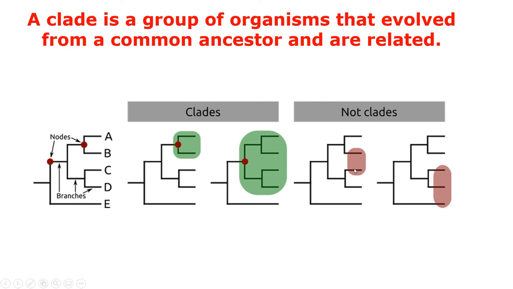But these two, this is not considered a clade because we're not including the nodes here. So the clade is the common ancestor plus all of the descendants. So yes, we got some descendants, and yes, there is a shared common ancestor here, but not all of the descendants were included, so therefore it is not a clade. So a clade is both the shared ancestor and all of the descendants.